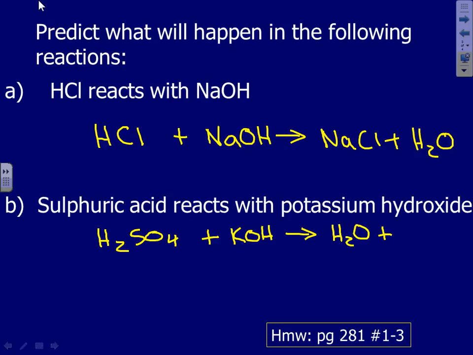What's the other product? Which one? I want to know the chemicals that are in that salt. What do we got? What's it going to be?